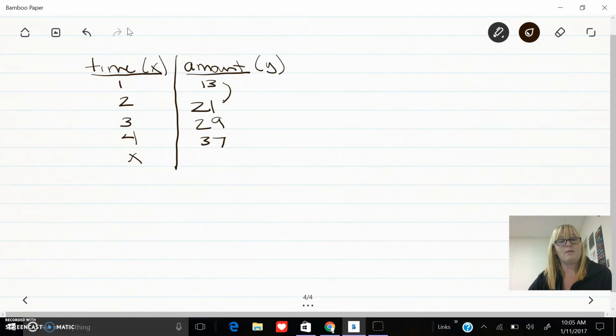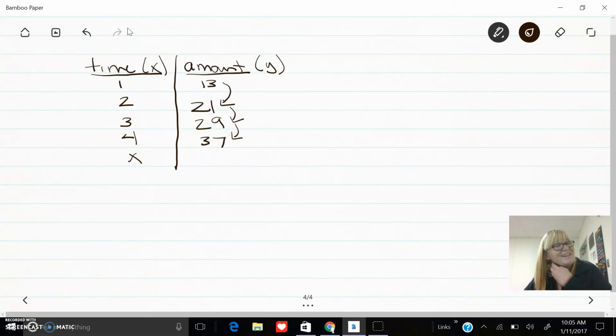Oh, why is this messing up for me? I need to get from 13 to 21, 21 to 29, and 29 to 37. How can I get there? I can multiply or add here, but most likely I'm going to multiply, right? Because this doesn't work with the addition.